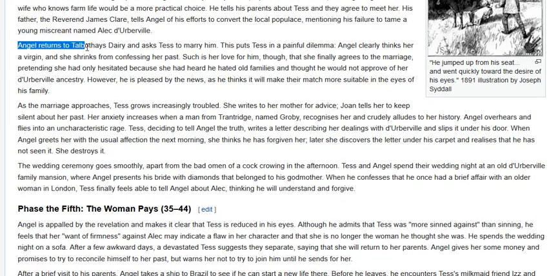Angel returns to Talbot's dairy and asks Tess to marry him. This puts Tess in a painful dilemma.